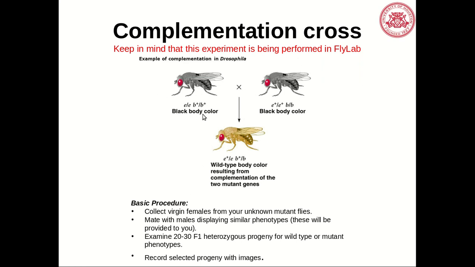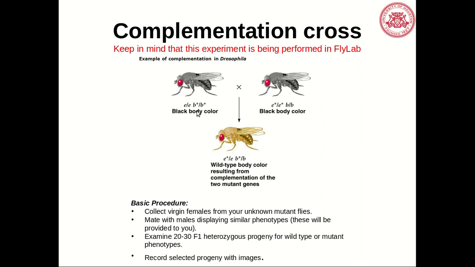Now, with complementation, you don't have to do it with wild types. Wild type's the easiest example of this, but here they're doing it with a black body color, and then they're going to end up with this fly that ends up looking normal. You can use this in a lot of ways with a complementation cross.